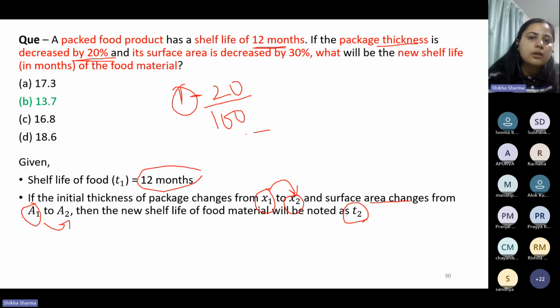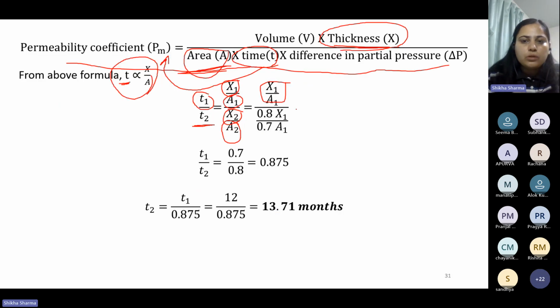So 1 minus 0.2 will be 0.8. So the final thickness will be 0.8 x1.